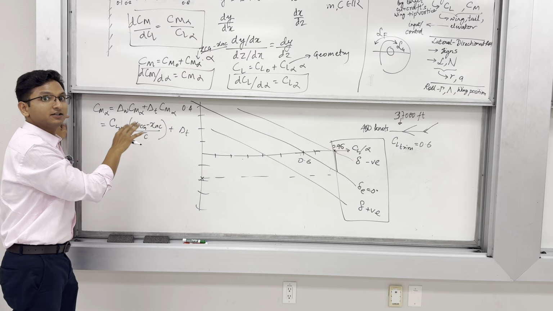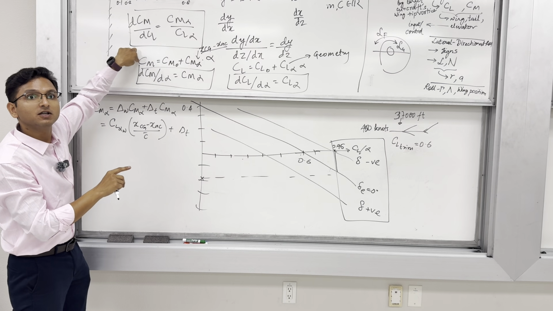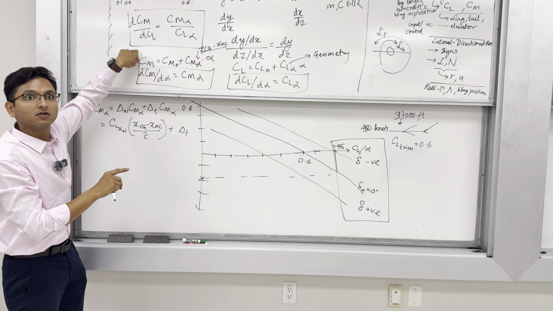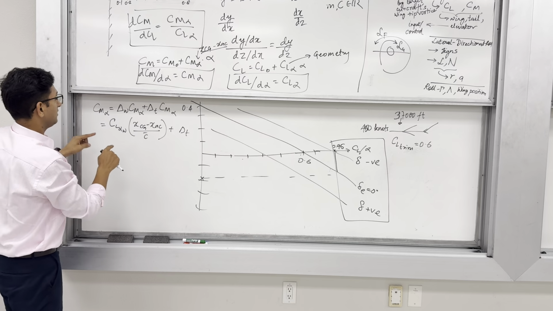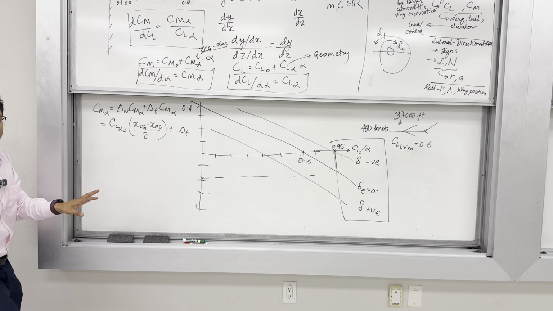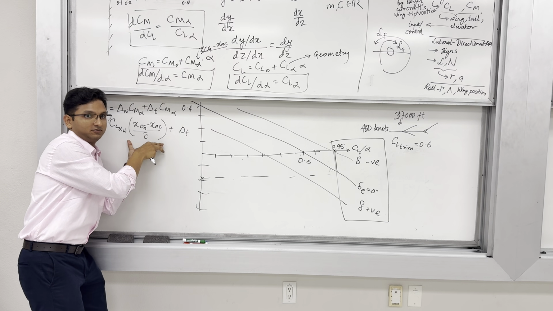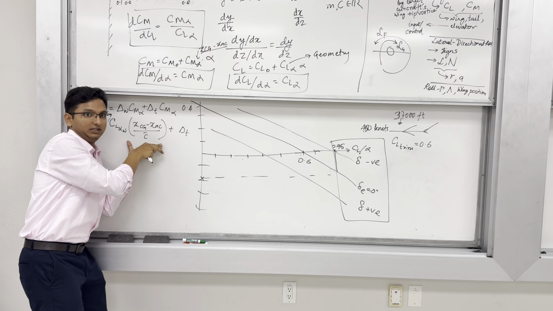So you can't derive the negative xNP. Oh, you can derive it, by placing moment equals 0. So don't confuse both the concepts, okay. This is the wing's contribution about the CG.